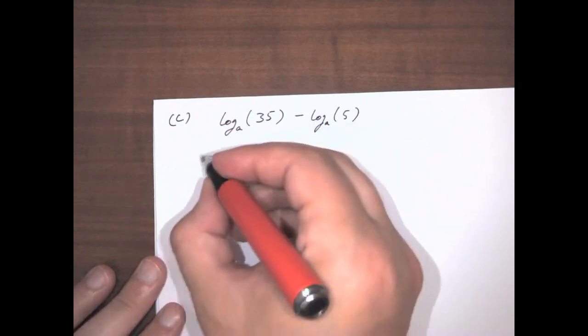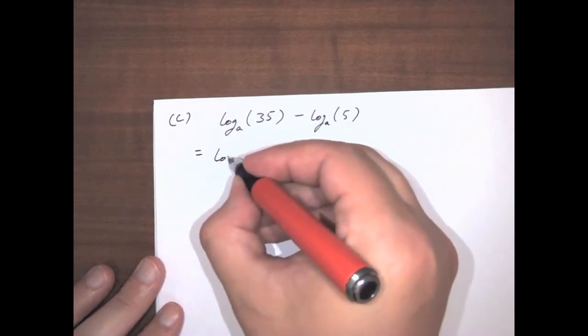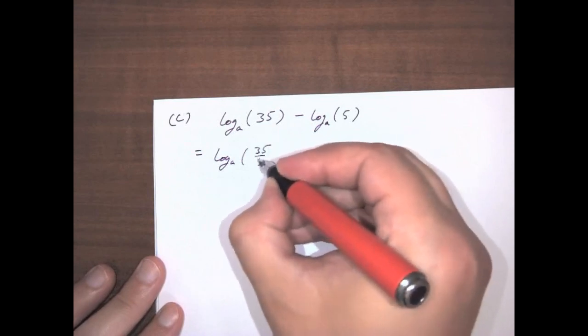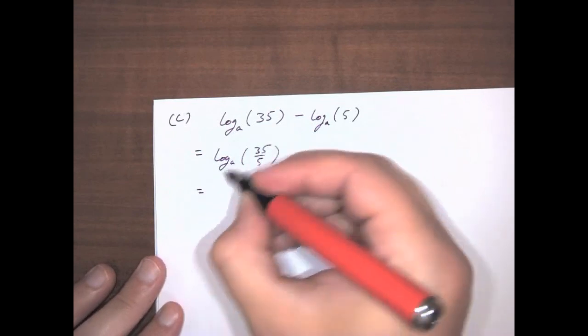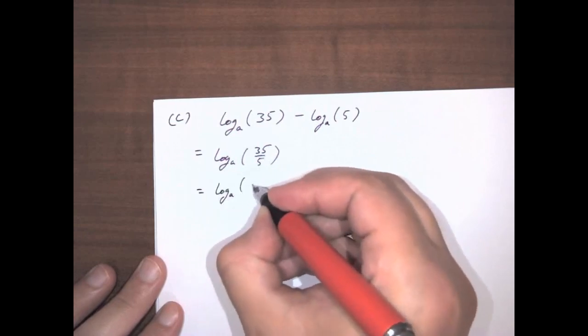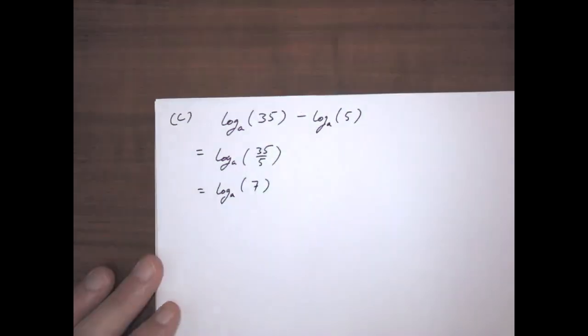Well, here we have a subtraction of two logarithms. That's the same as the logarithm of the division. That's the log base A of 35 over 5. But in fact, those have a common factor, so this can be simplified down to the log base A of just 7.